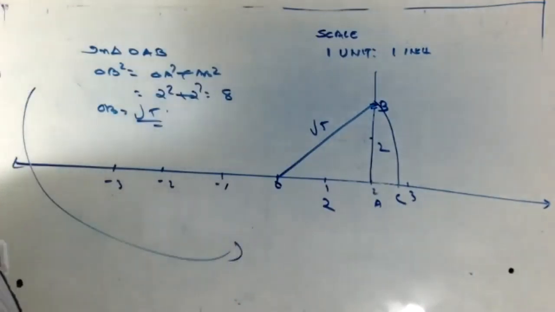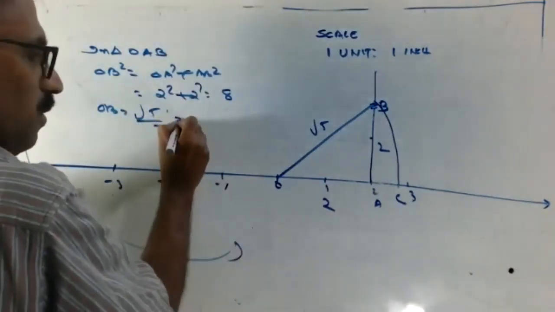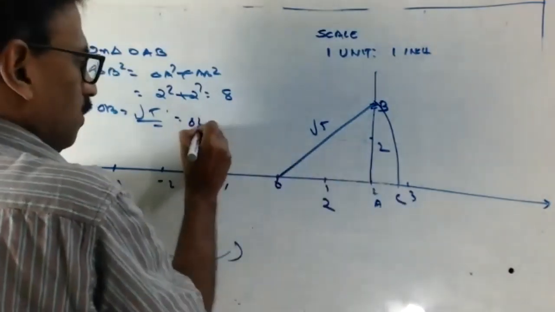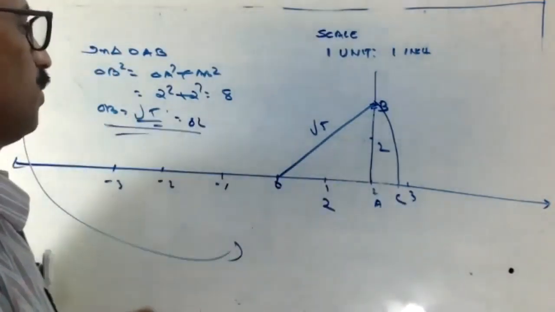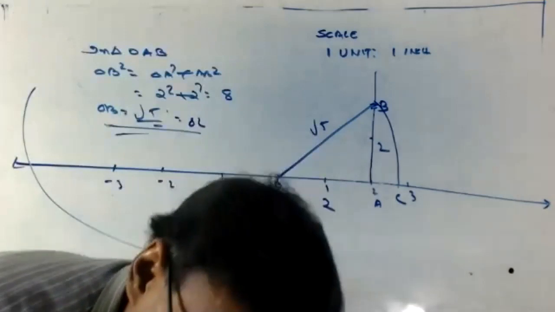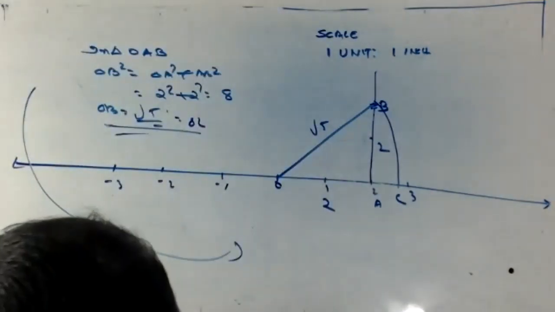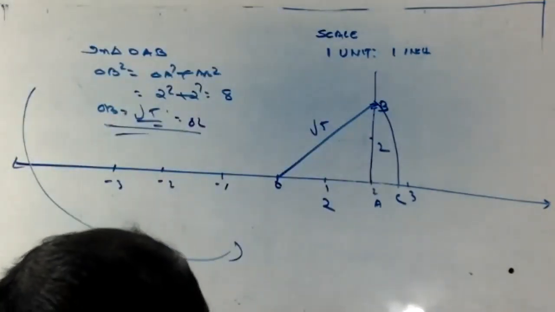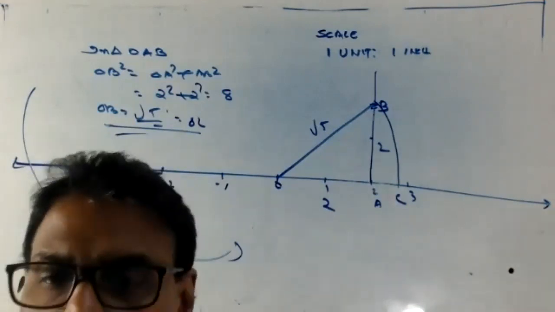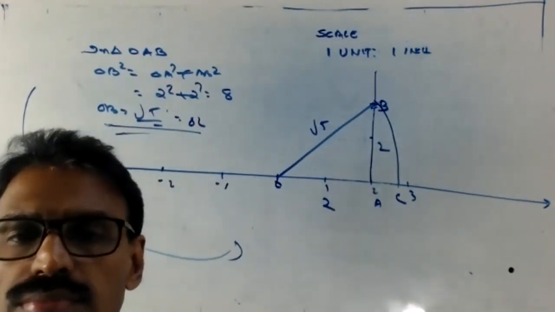Then what is OC? OB equal to OC equal to root 5. Clear or not? Then including justification you have to write. Is it okay now? Clear now?